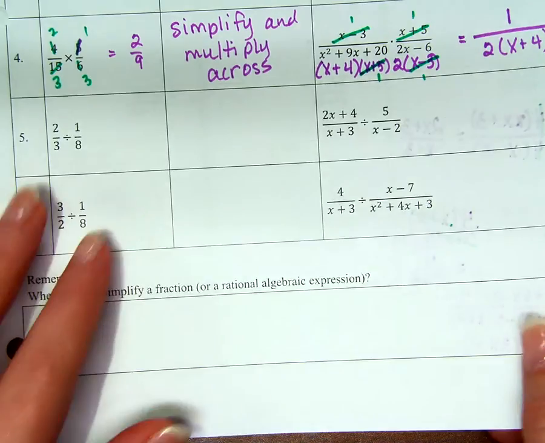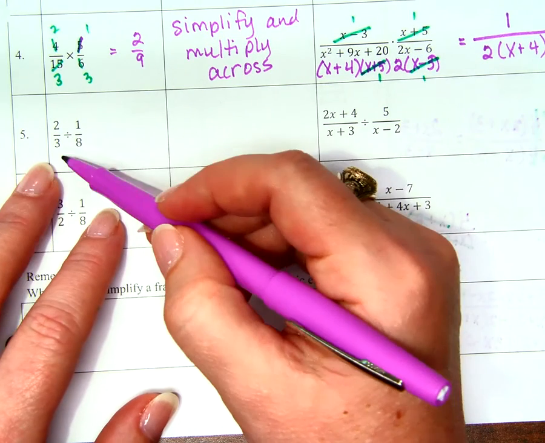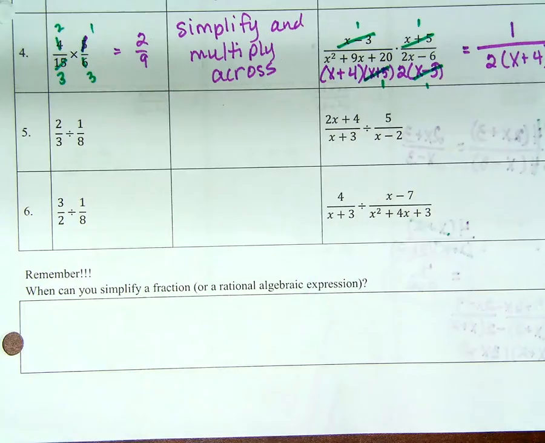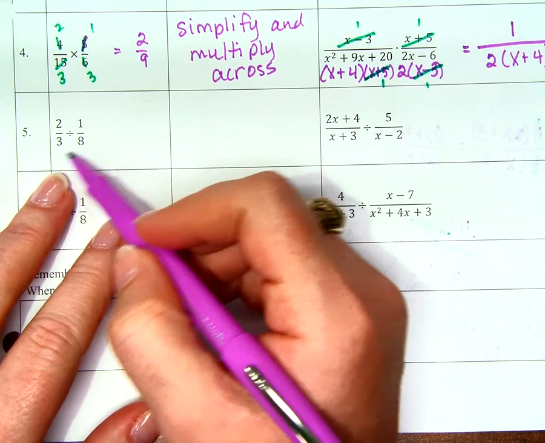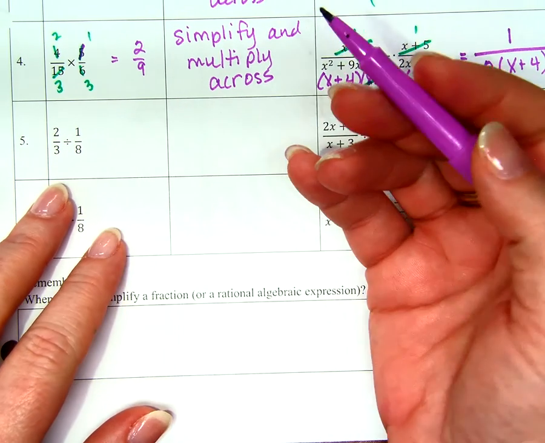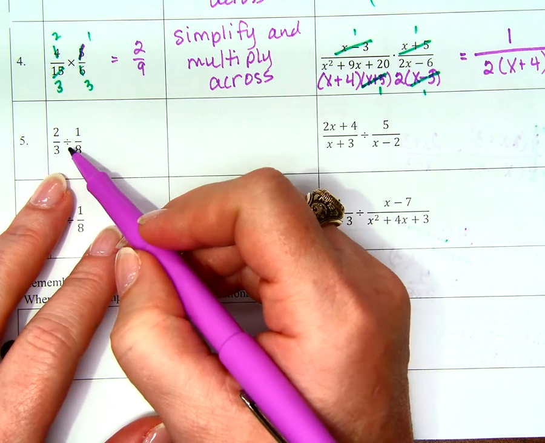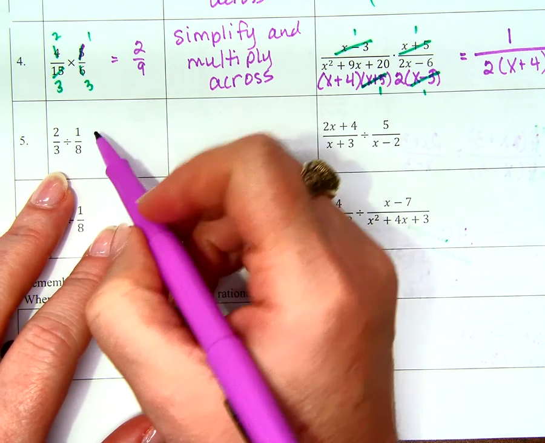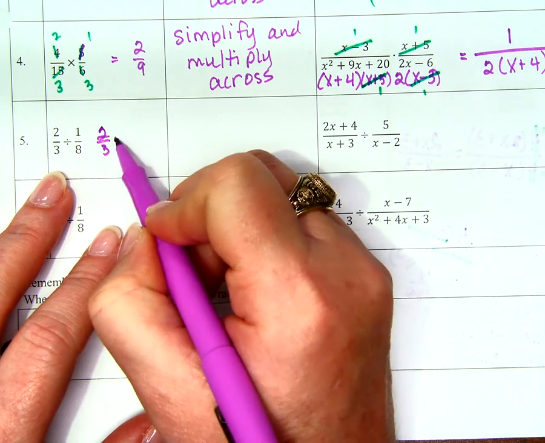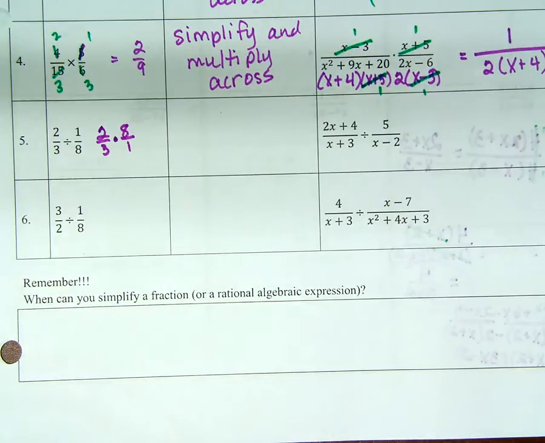So if I ask you to do a problem like this, 23 divided by 1/8, would you rather do multiplication or would you rather do division? Multiplication, that's how most people are, right? So if I could make this a multiplication problem, wouldn't we like that better? Well, you just told me that dividing by a number is the same thing as multiplying by its reciprocal.